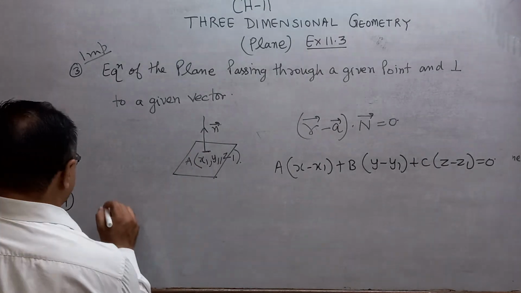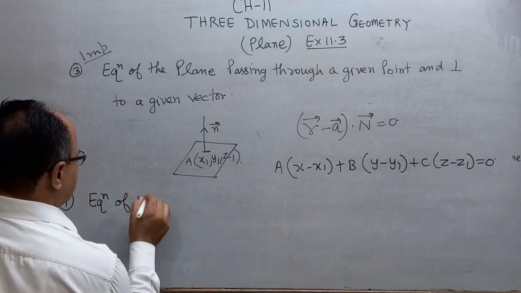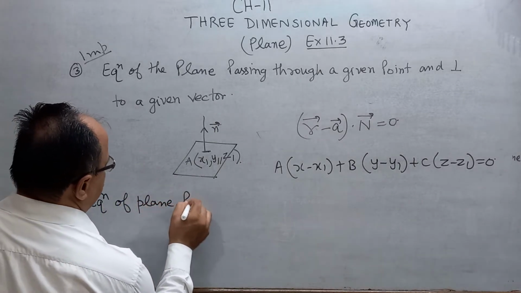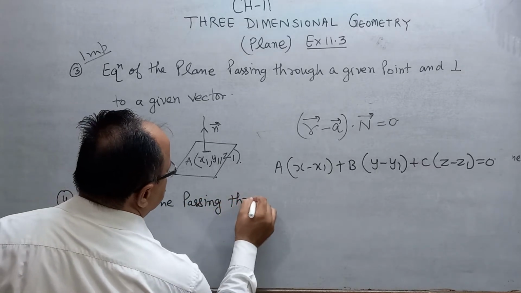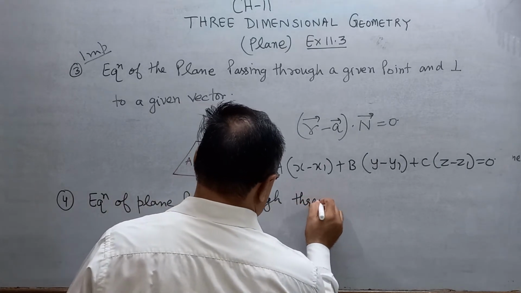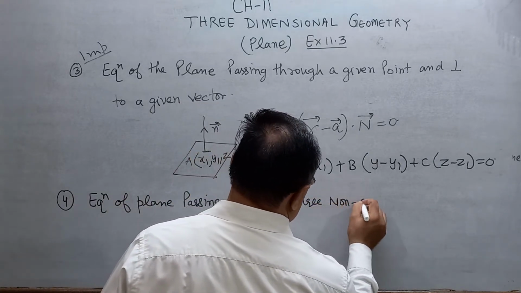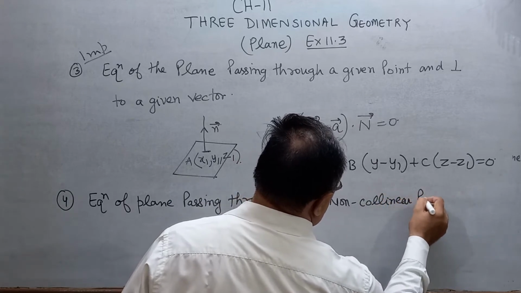And formula number 4: equation of the plane passing through 3 non-collinear points.